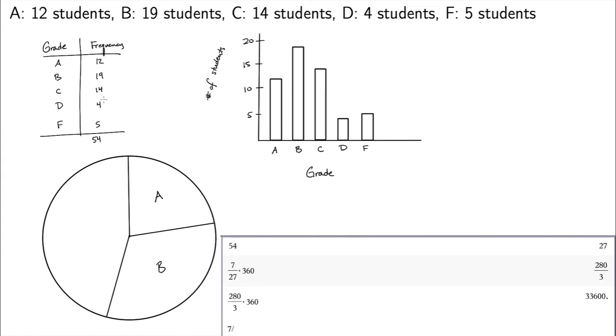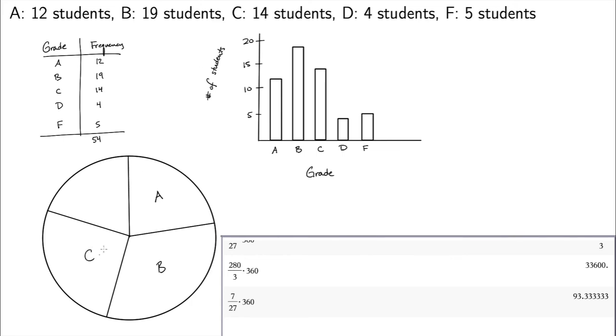So it was 7 out of 27, and then multiplied by 360. Okay, so about 93 degrees. So that's very close to 90 degrees. We'll go ahead and create what looks like a 90 degree angle, and it's just a tiny bit more than that. So it looks like that's probably good.